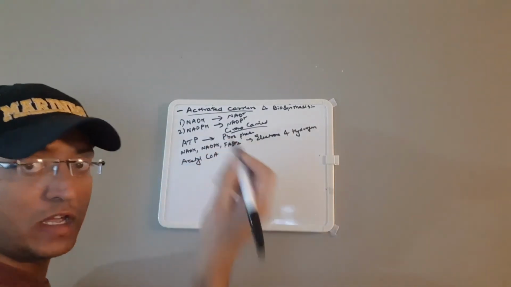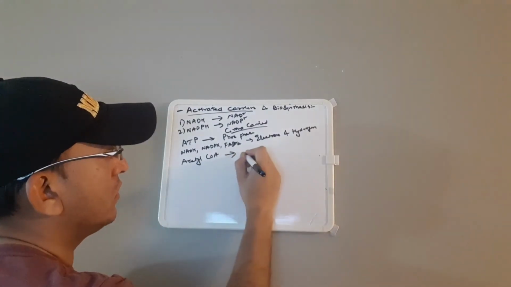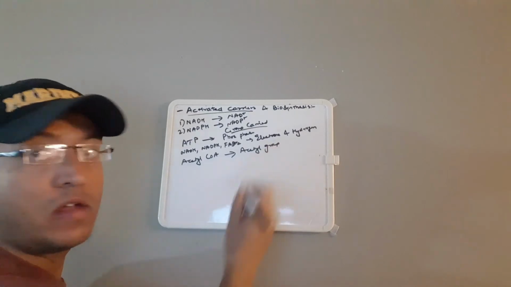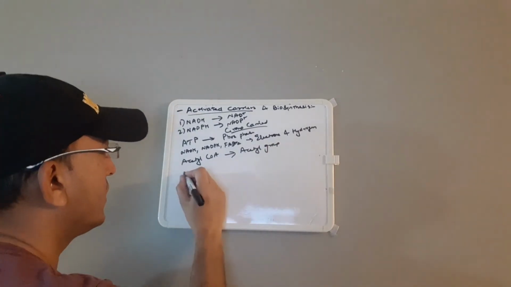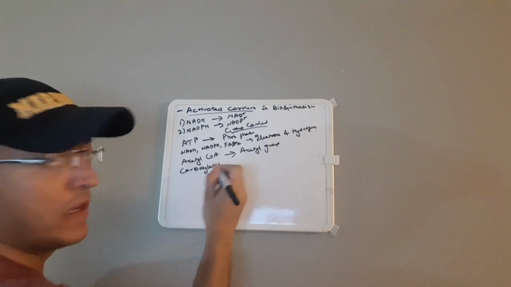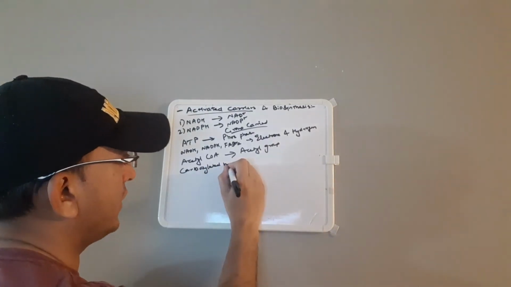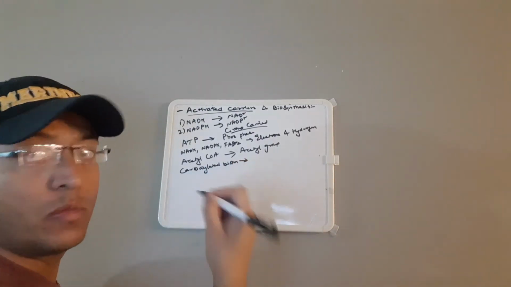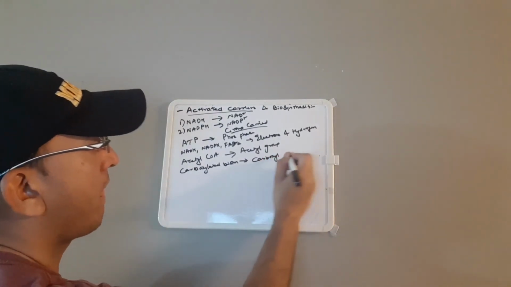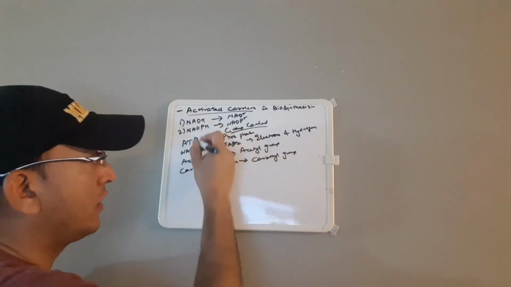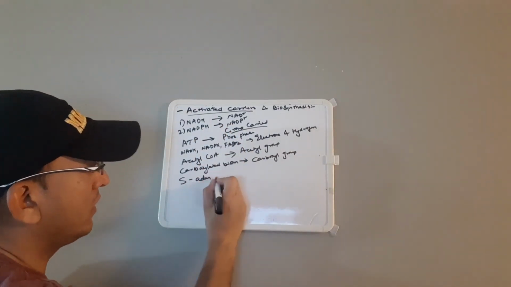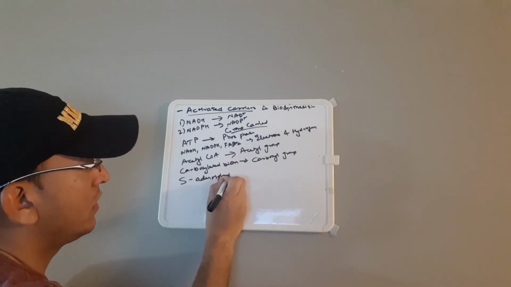There is acetyl coenzyme A, which you will study further, that carries the acetyl group in a high energy linkage. There is carboxylated biotin, rather, that carries the carboxyl group. So these are the activated carriers on this side. There is one more, S-adenosylmethionine.